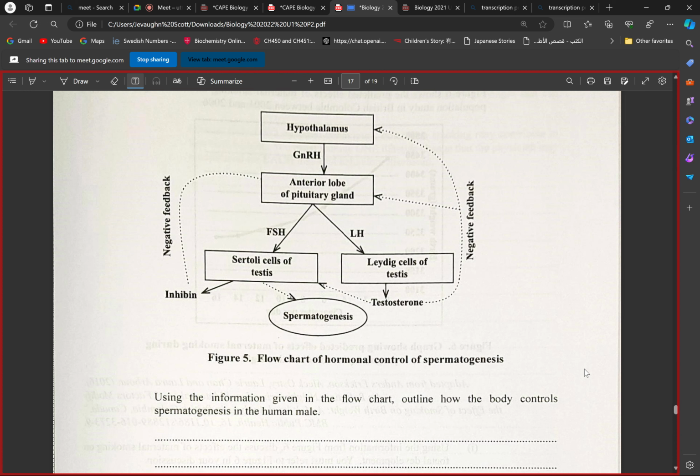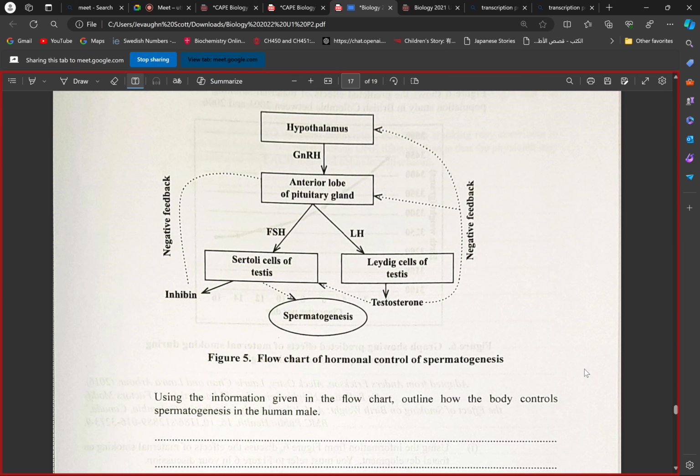As we know within biology, within negative feedback loops, we see hormonal control in this way: we have the general structure of hormonal flow within a system. But if it reaches extremely high levels, the hormones produced will lower the production of FSH and LH, which will limit spermatogenesis. So the inhibin and the testosterone can go back into the loop as a negative feedback mechanism to lower the production of gonadotropin releasing hormone, as well as FSH and LH.